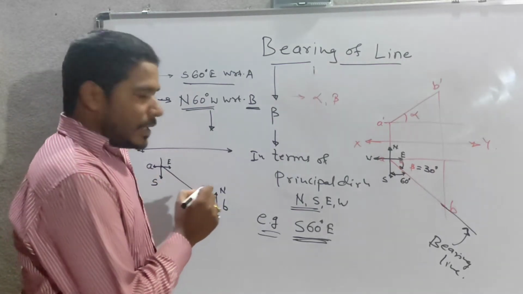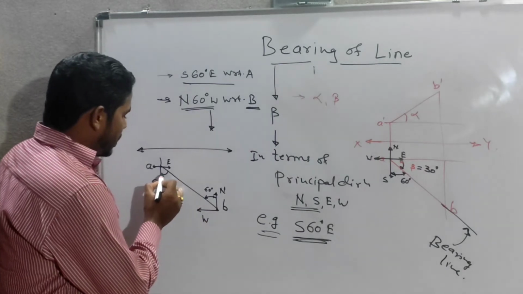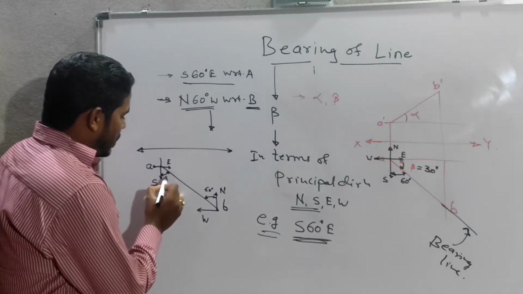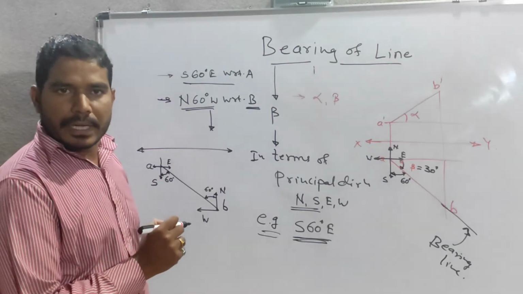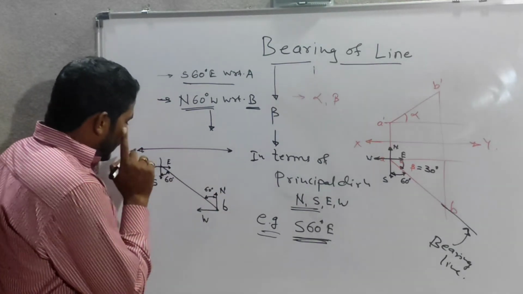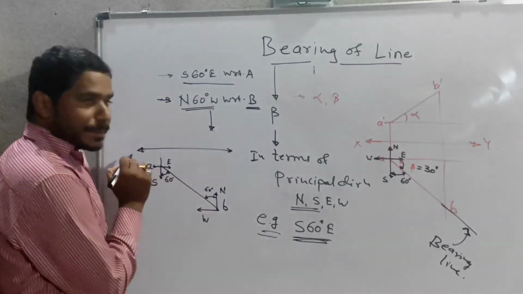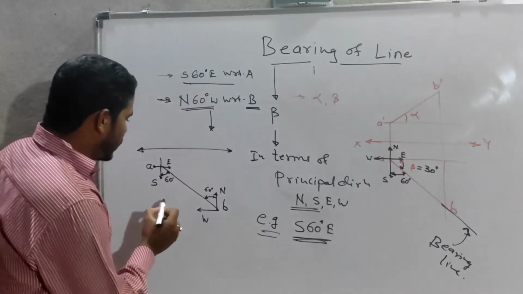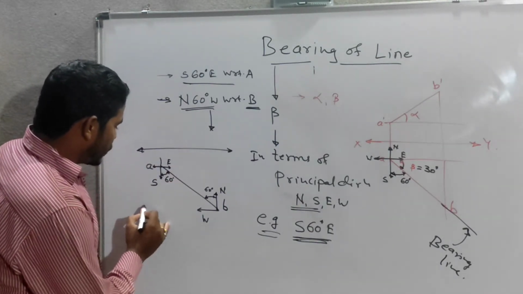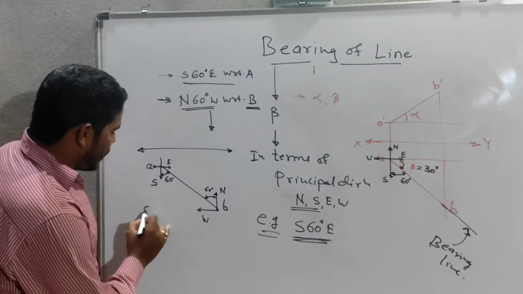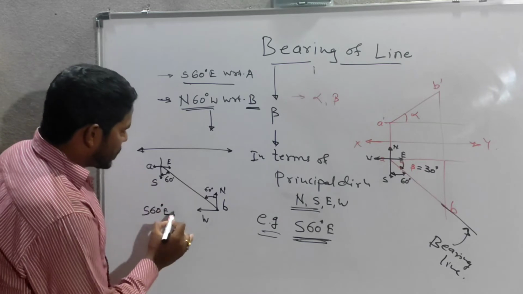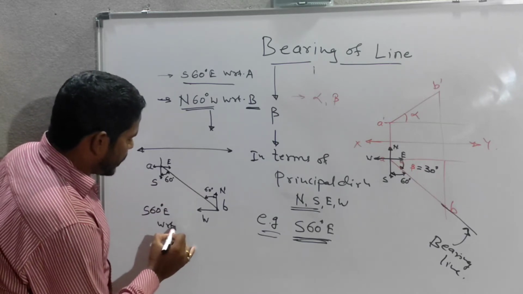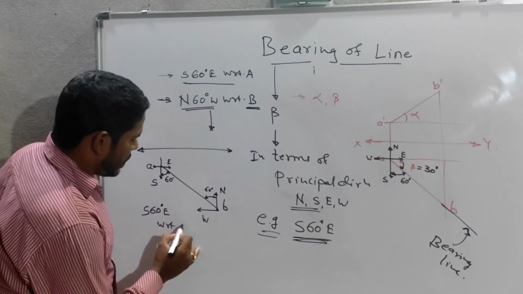Whatever this line is, it's making this 60-degree angle. If I read the same bearing with respect to the point A, how will it be now? With respect to the point A, it will be south 60-degree east.